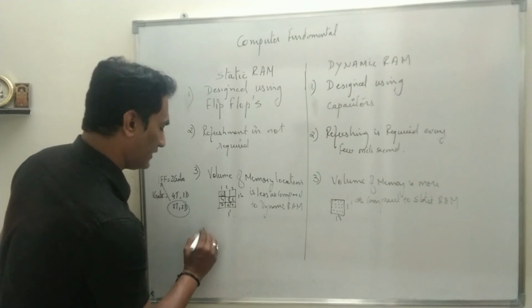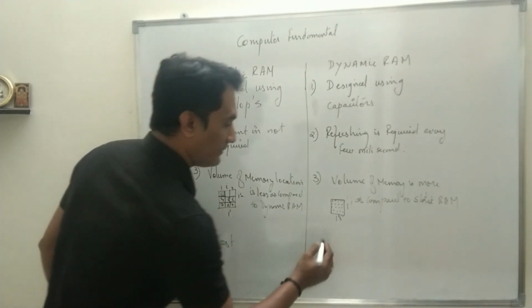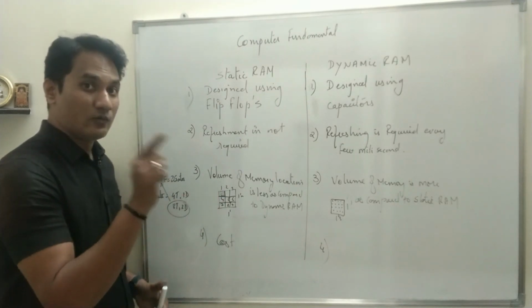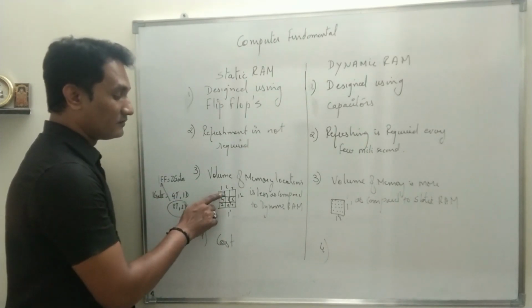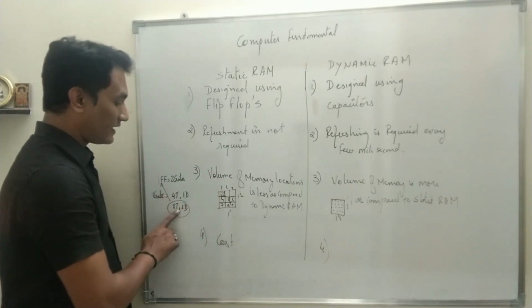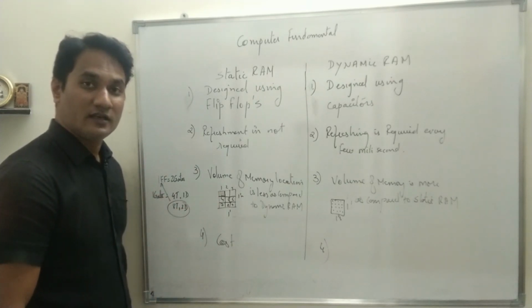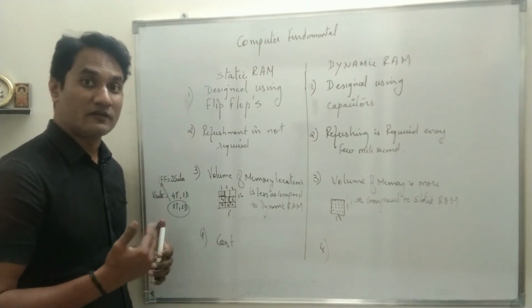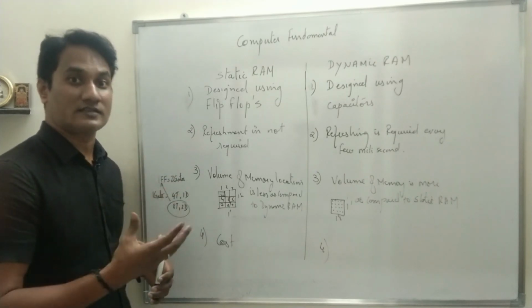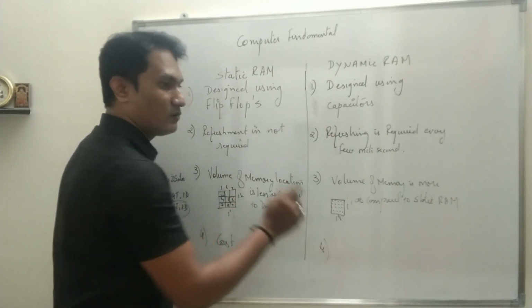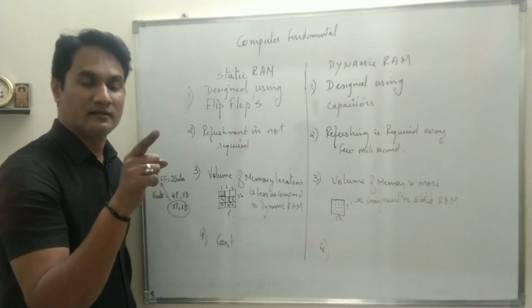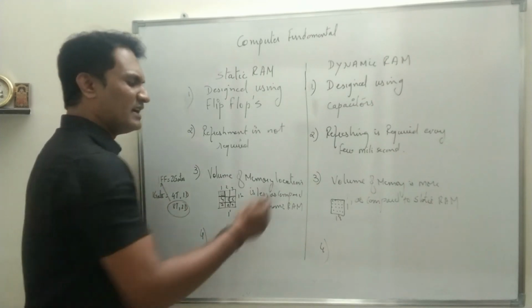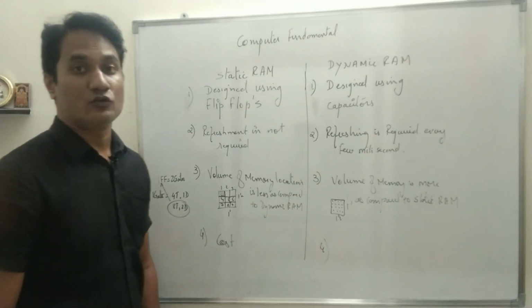And the fourth one is the cost. Of course, as I said, to design one flip-flop, you need 8 transistors and 2 diodes. So as you keep on increasing the memory locations, the number of transistors and diodes will keep on increasing, which will increase the cost. Whereas in case of dynamic RAM, one memory location is one capacitor. So the cost of designing dynamic RAM is much cheaper as compared to static RAM.